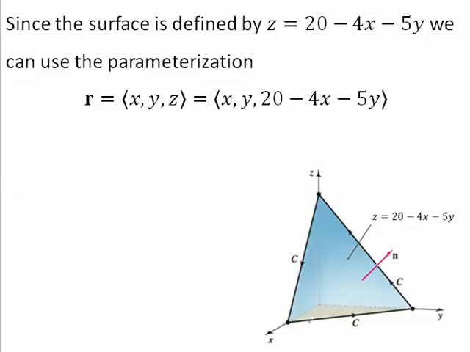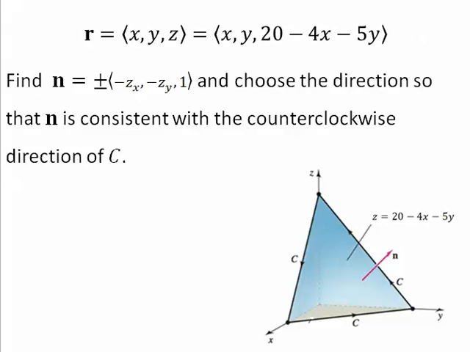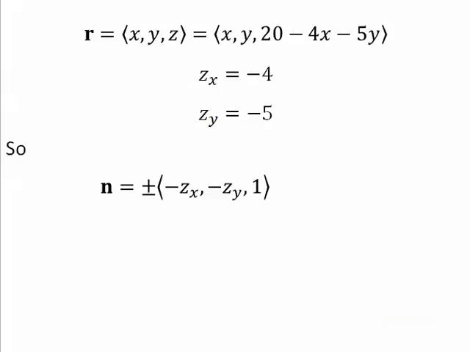So using that parameterization, n is going to be plus or minus negative z partial x, negative z partial y, 1. And we need to choose n so that it's consistent with the counterclockwise direction of the curve. So z partial x is negative 4, z partial y is negative 5, and so our normal vector is plus or minus 4, 5, 1.